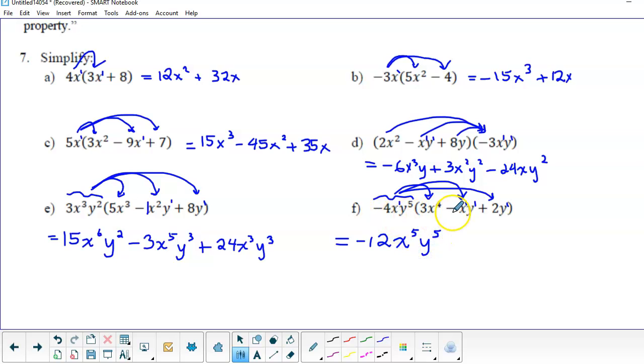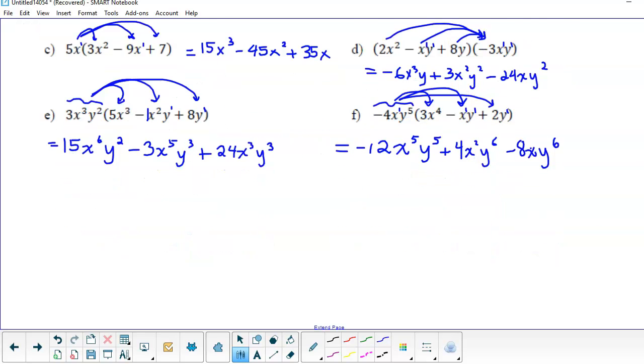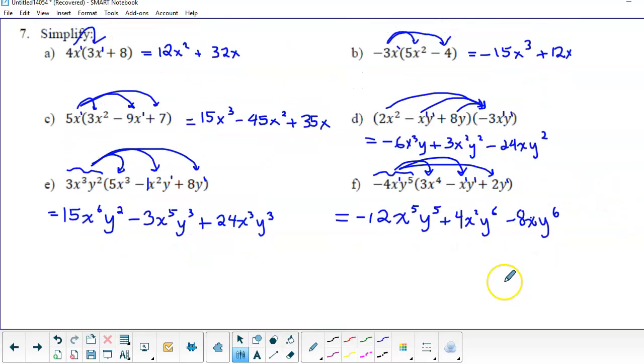And negative 4 times negative 1 is positive 4. And that's going to be x squared y to the 6. And then minus 8x y to the 6. Okay, and that's multiplying polynomials by a monomial.